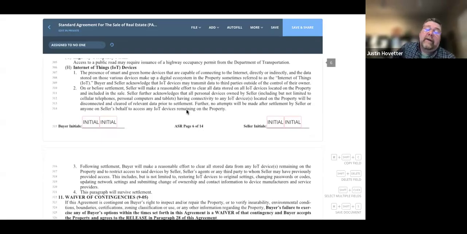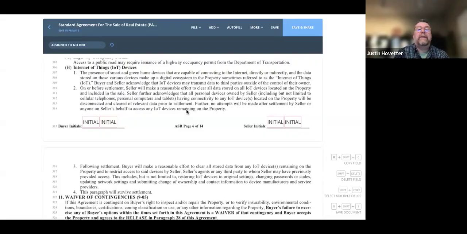Internet of Things. This one just came up last week. The presence of smart and green home devices that are capable of connecting to the internet directly or indirectly, and the data stored on those various devices, make up a digital ecosystem in the property, sometimes referred to as the Internet of Things. Buyers and sellers acknowledge that the IoT devices may transmit data to third parties outside of their control or their owner.